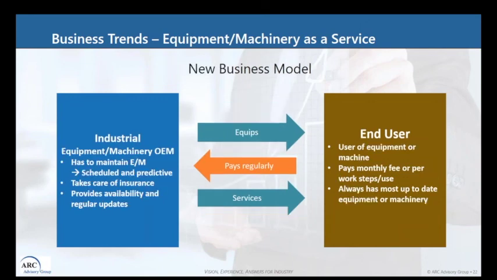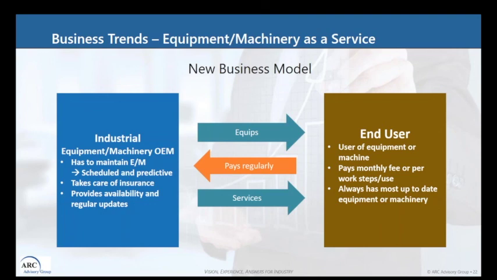So the new business model is that the industrial equipment or machinery manufacturer equips the end user. He does not really sell the machine to the end user. He sells the task or the work step or the use of what the machine or the equipment produces. So there might be, for instance, an individual outcome of the machine, like if it's a compressor, we want to see how much compressed air is actually used.